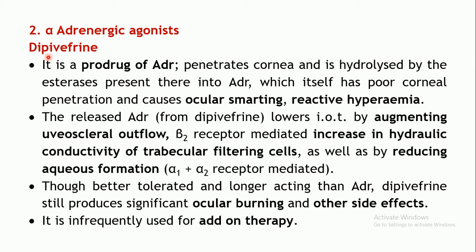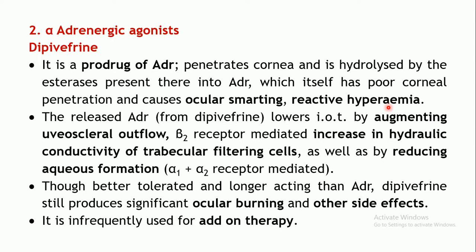Now, this particular drug, dipivefrin, can penetrate the cornea, and once it crosses the cornea, it is hydrolyzed by the esterases and gets converted into its active metabolite, that is adrenaline. Okay, apart from this, it also causes ocular smarting, that is a stinging sensation may be produced, or reactive hyperemia, that is increase in the blood flow to the eye, may also be produced by this particular drug.